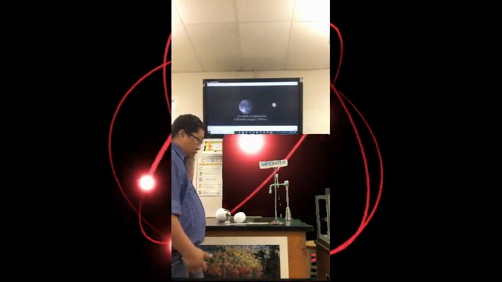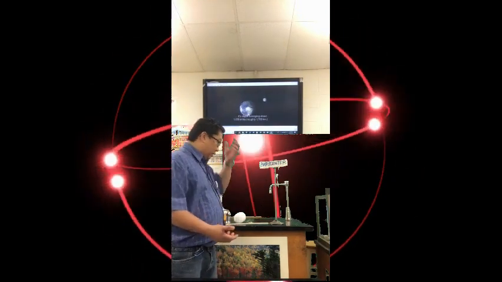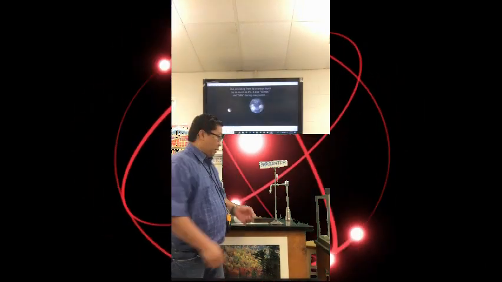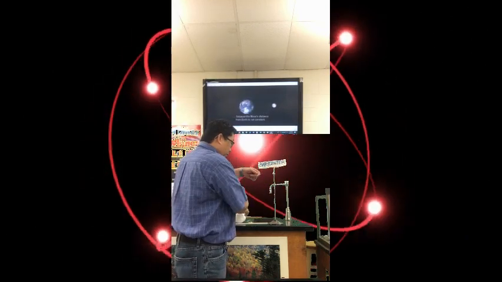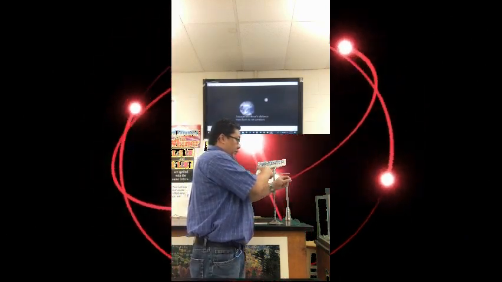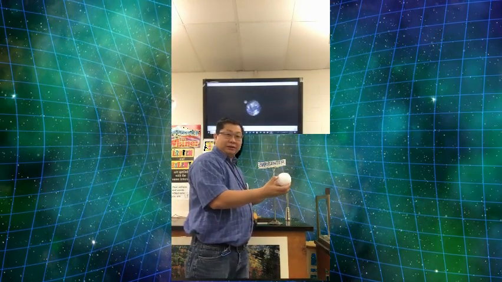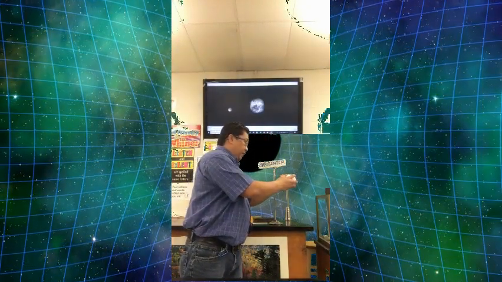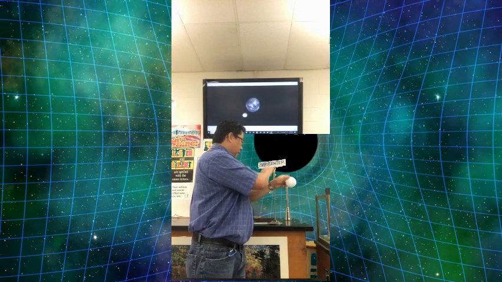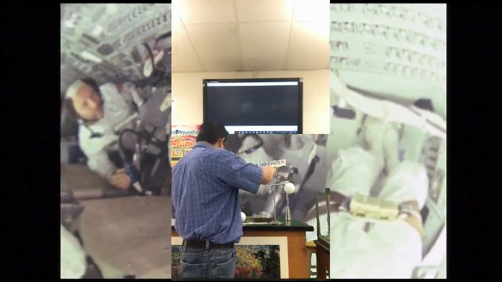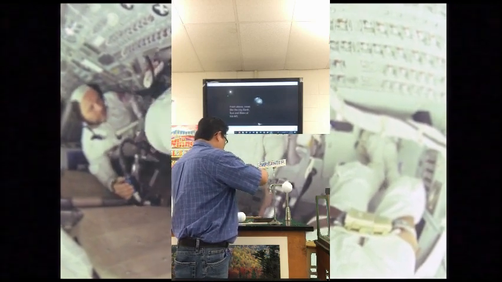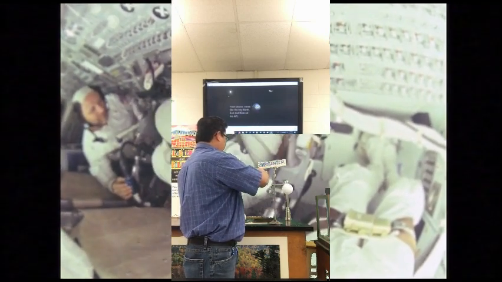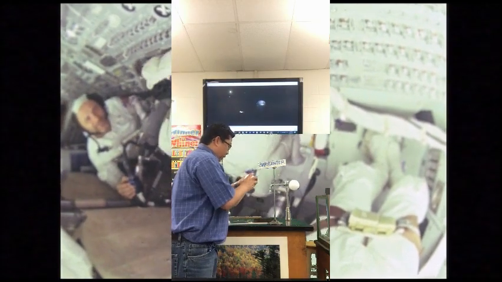So let's have this demonstration right here. I created this device so that we would understand barycenter even more. Now, here we have a styrofoam ball representing an object in space, and then another styrofoam ball that would represent another object in space.